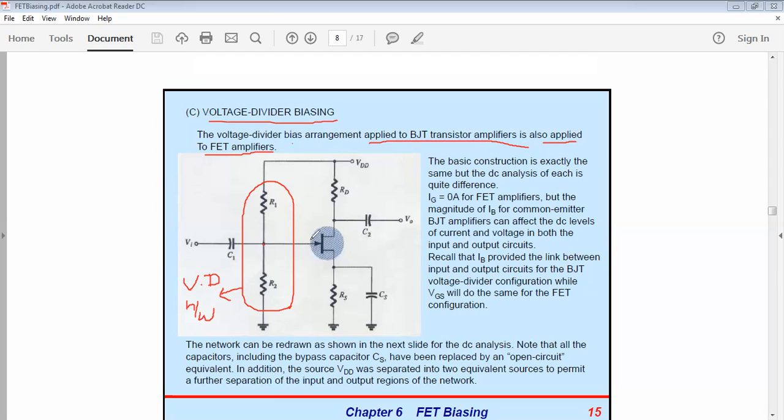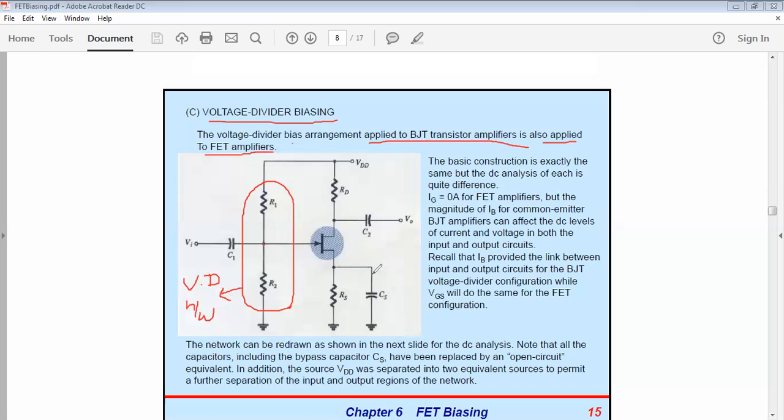In the BJT, a current flows to the base terminal, but in the FET, IG is equal to 0. That's why no gate current flows through the gate terminal. That is the only difference between BJT voltage divider biasing and FET voltage divider biasing.